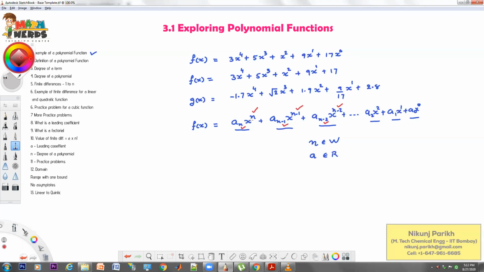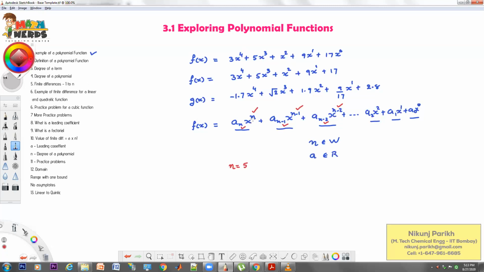You might also feel that if n is, for example, 5, then this a_n has to be some predefined number based on n equals 5. That is not true. All I am saying is that when I use n here, it means a_n is a coefficient associated with x raised to n.